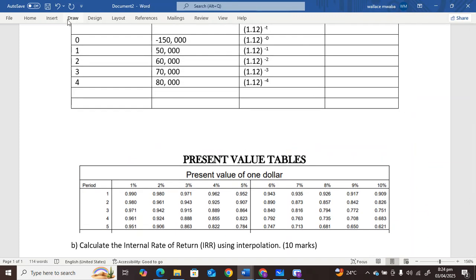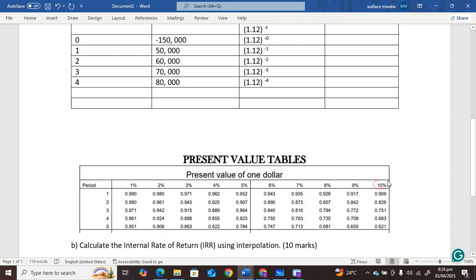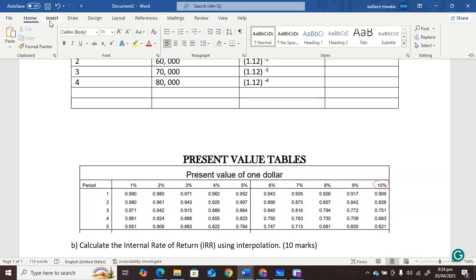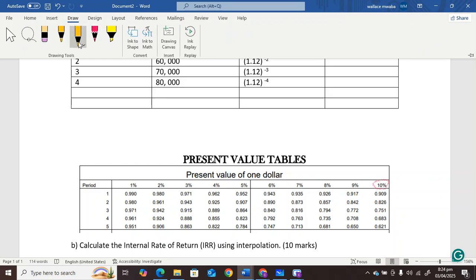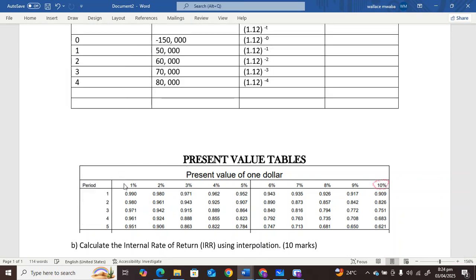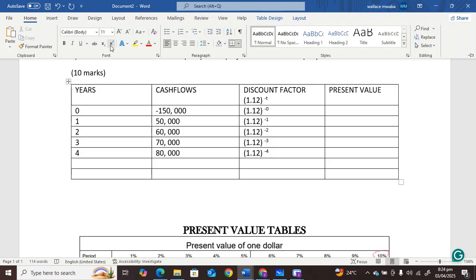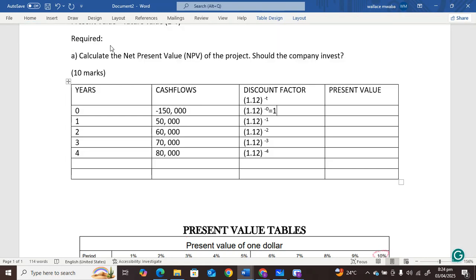The way you read these tables, you look for your rate. The rate here is 10%. Then after you get your rate, you look for the period. So in year zero, since 1.12 is to the power negative zero, anything to the power negative zero equals 1. Okay, colleagues? Anything to the power zero or negative zero is always going to equal 1. So in year zero, your discount factor is always going to be 1.